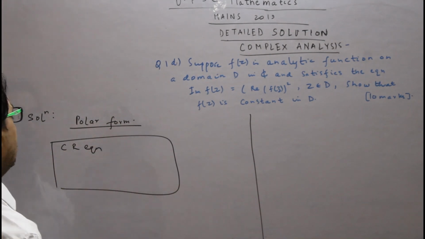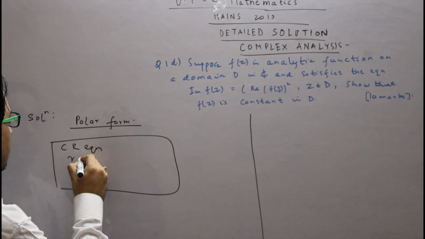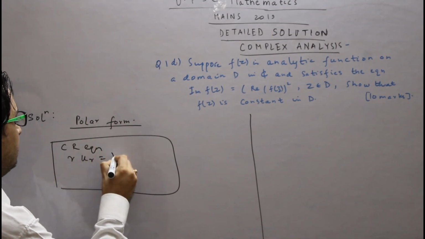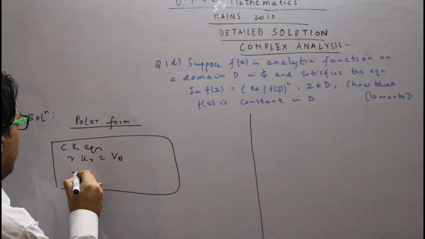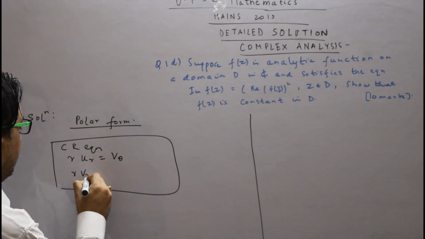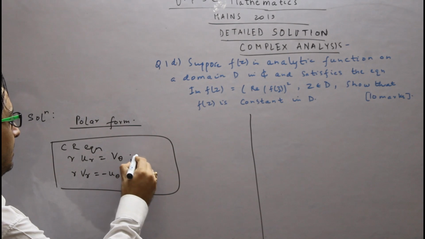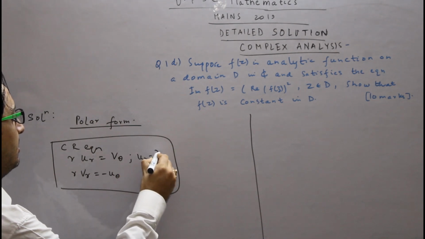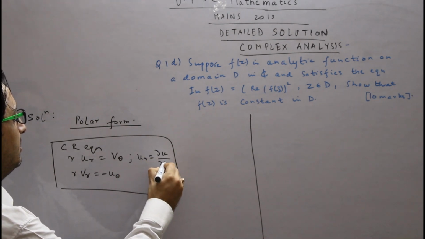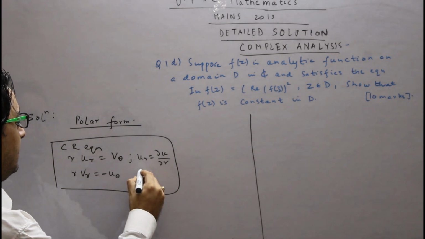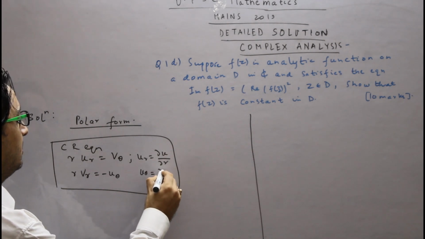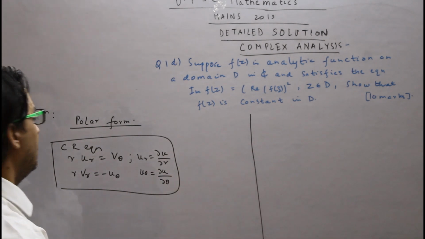equations, that is r u_r is equal to v_theta and r v_r is equal to minus u_theta, where u_r is dou u by dou r and u_theta is dou u by dou theta.